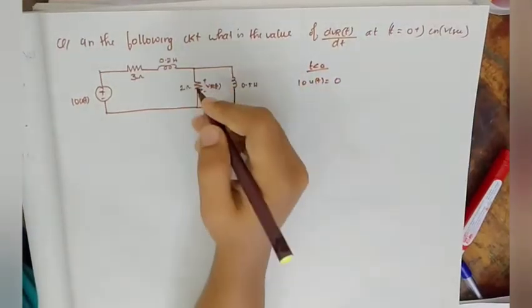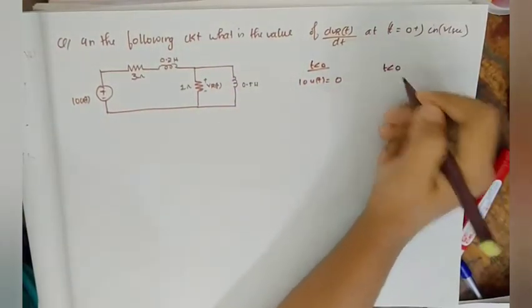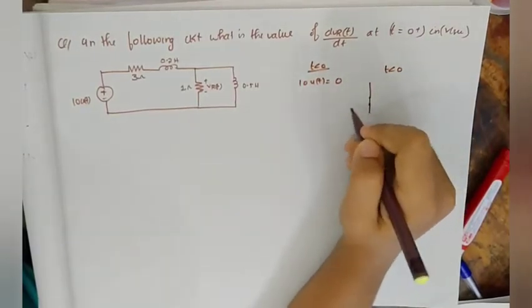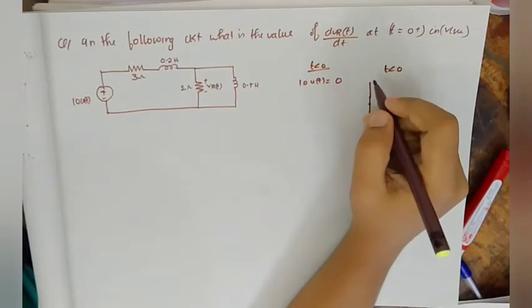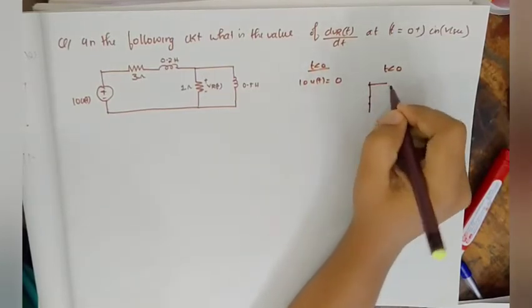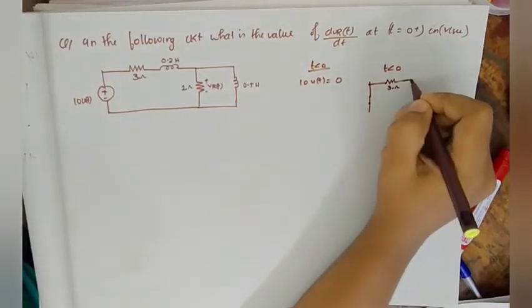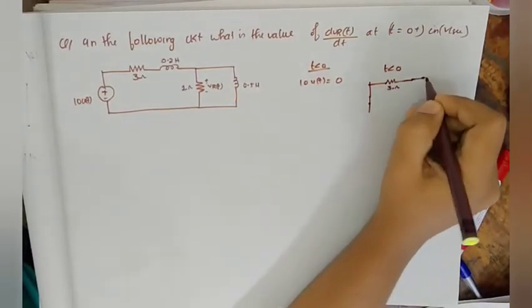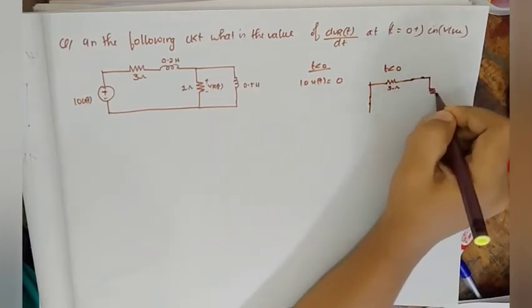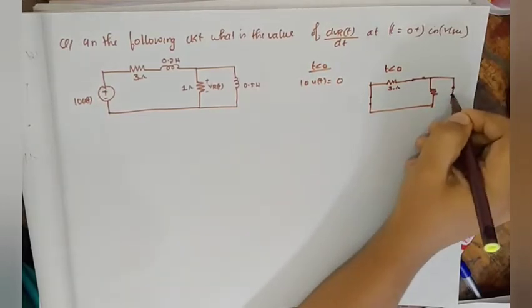So for t less than 0, if I am drawing the circuit, it will look like this. This will be equal to 0, that is it will be short circuited, and it is 3 ohm, and the inductor will be short circuited for t less than 0, and here also the inductor will be short circuited.